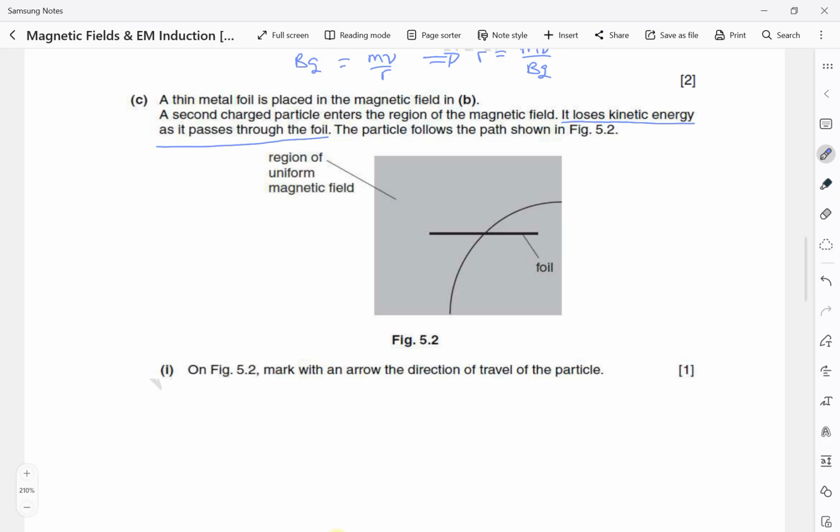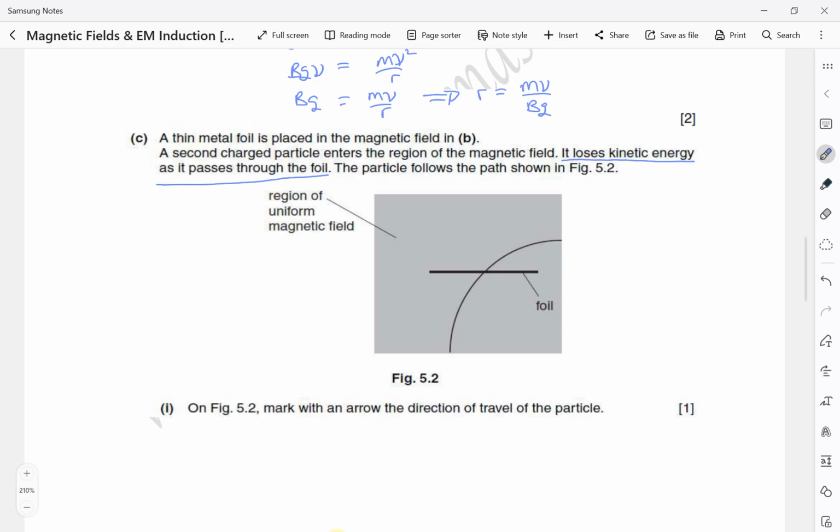the particle. So because it loses kinetic energy, it means the radius of the path decreases. So the path should be closer to the foil when it goes through the foil. If it was to gain kinetic energy, the path would be far away.